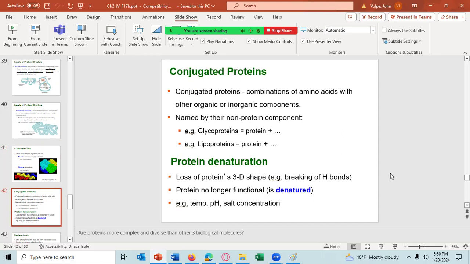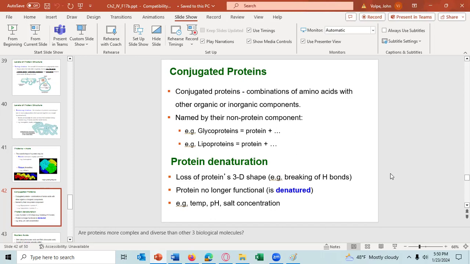But you can also have conjugated proteins. These are a combination of a protein or amino acids with other organic and inorganic components. The proteins are named by their non-protein component, meaning a glycoprotein is a protein bound to, well, it's a carbohydrate, a glycogen, that's what I'm trying to say.